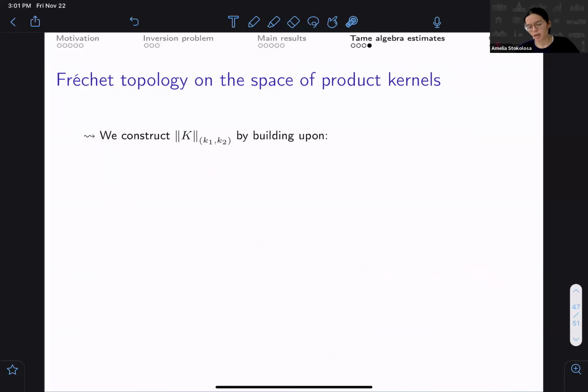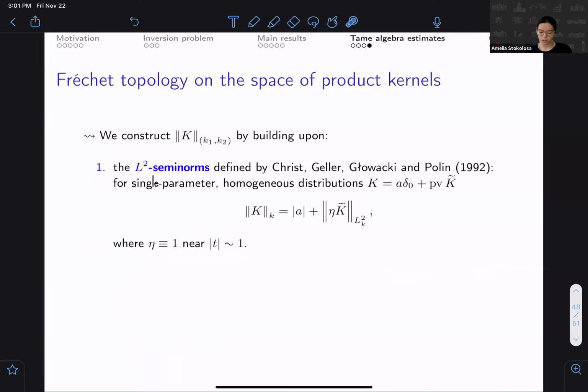To obtain the right seminorms, I build upon two previous constructions. The first is a single parameter construction by Christ, Geller, Głowacki, and Polin from 1992, and I hinted at this paper earlier on, where they construct seminorms for homogeneous distributions in the single parameter setting. What do they do?